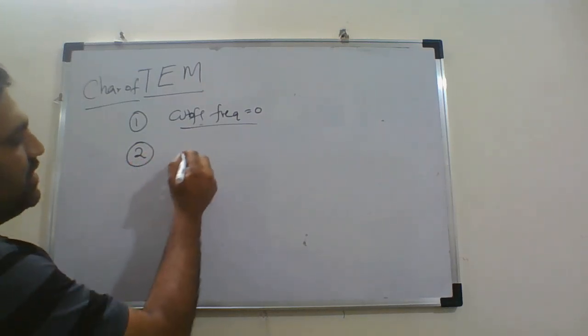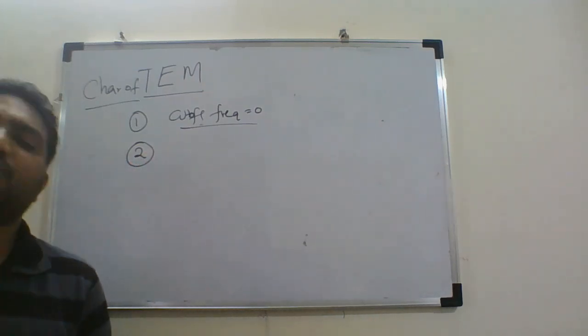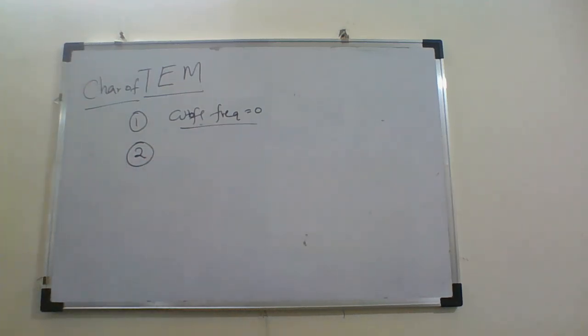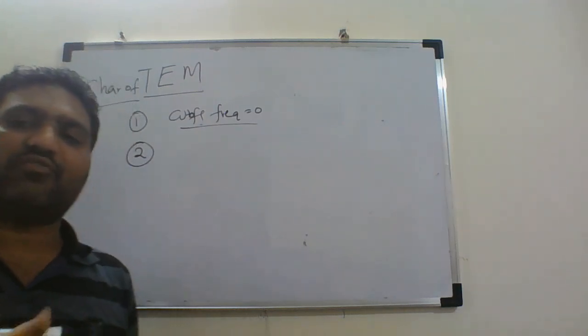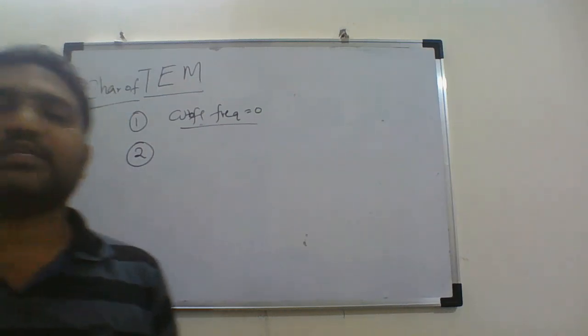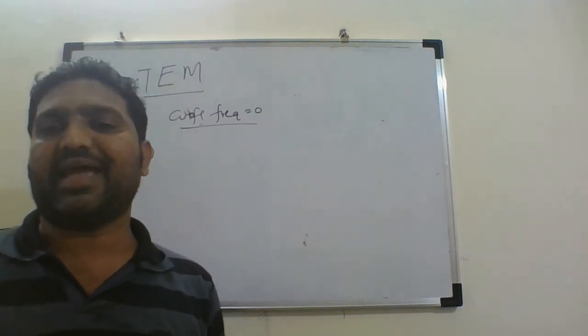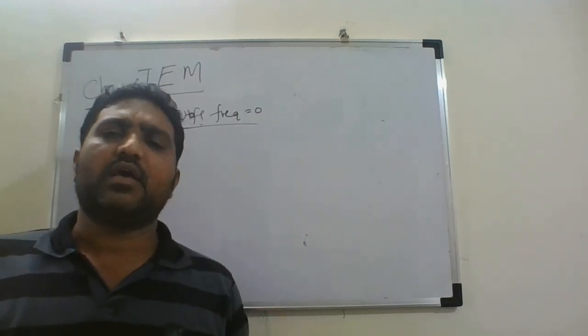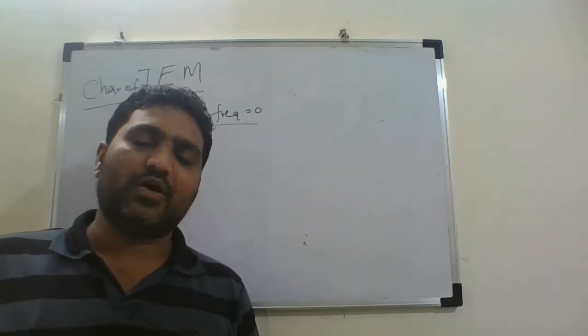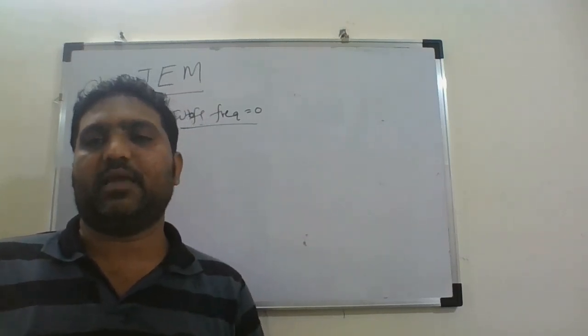The second point is, if I calculate the velocity, which we will see later, the wavelength or the frequency of the wave is not depending upon the mode. There is no component of mode here, no m value. So for any mode, the velocity of the wave will be the same.